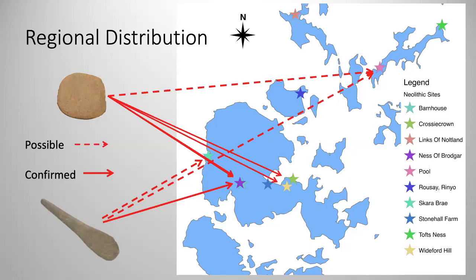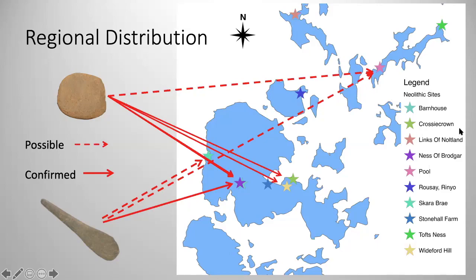And then secondly, and maybe more importantly, if these are indeed tools, especially the simple ones, that are utility tools and just used for everyday kinds of things, then I would expect that we would more likely find them in settlement sites rather than in tombs.